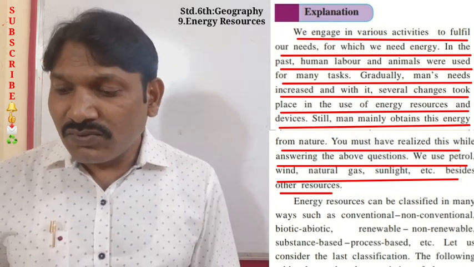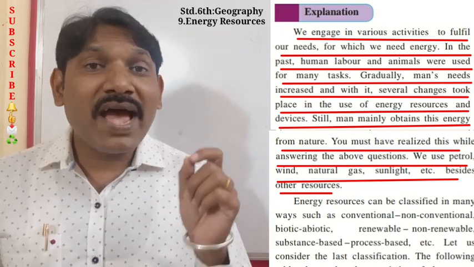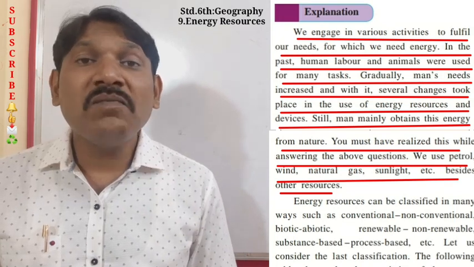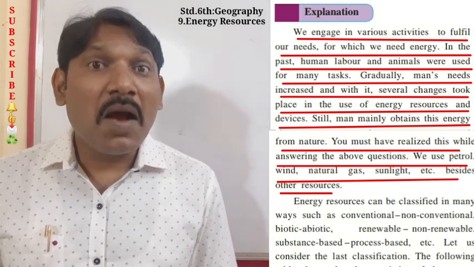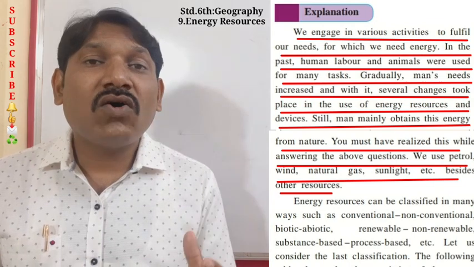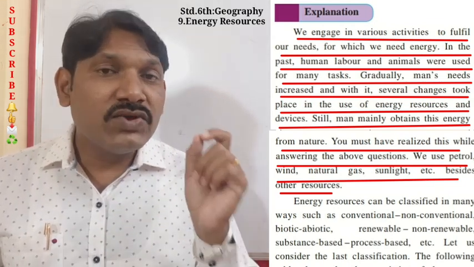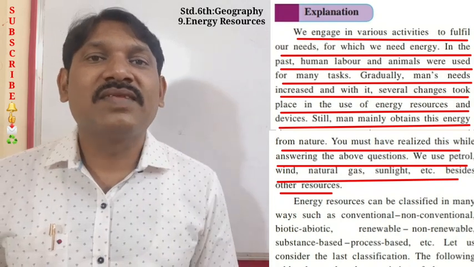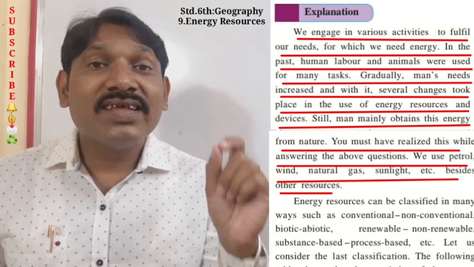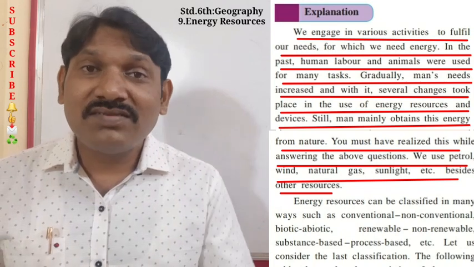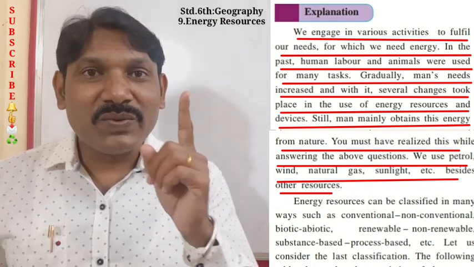Very good. Now, students, in the past, man obtained energy from nature. Right now also, we are obtaining energy from nature only. You might have experienced it while answering the questions we have just seen.